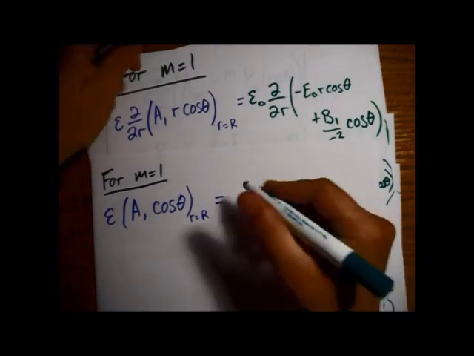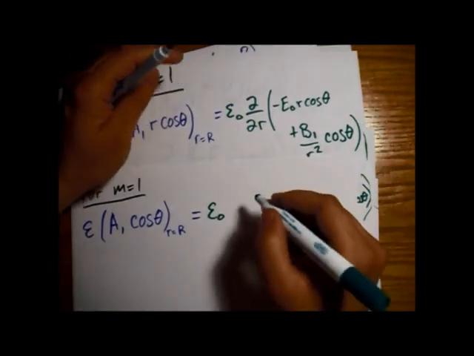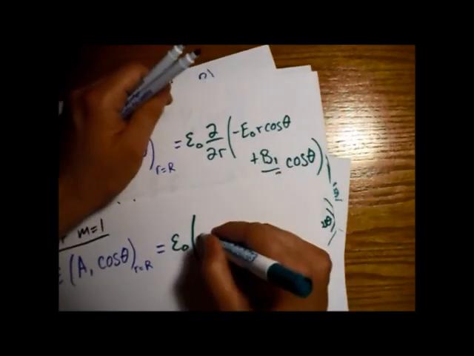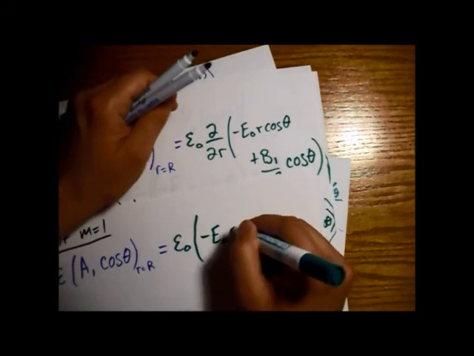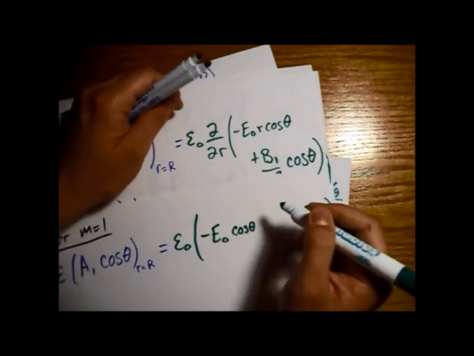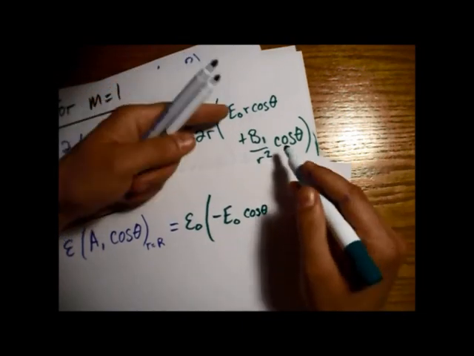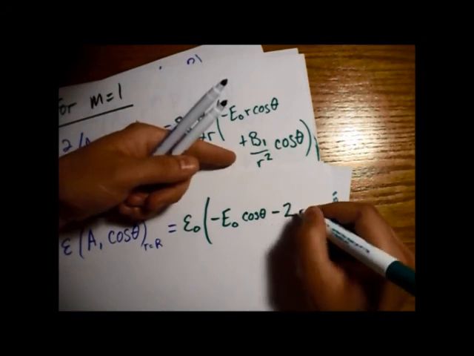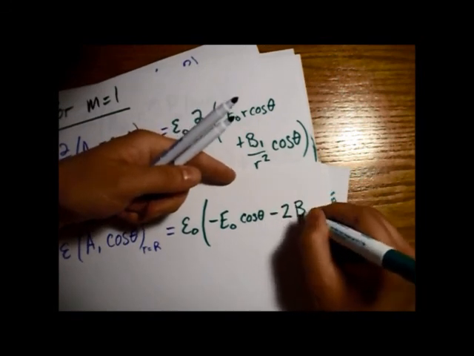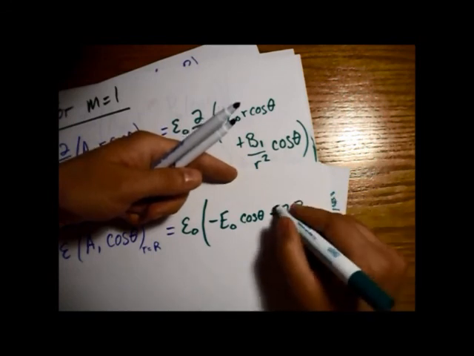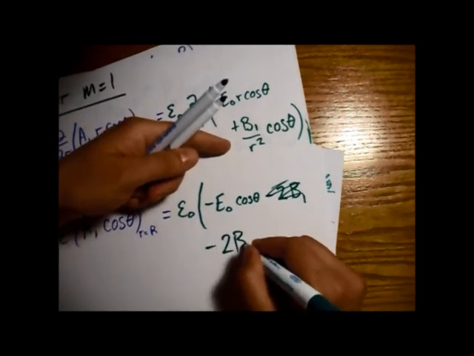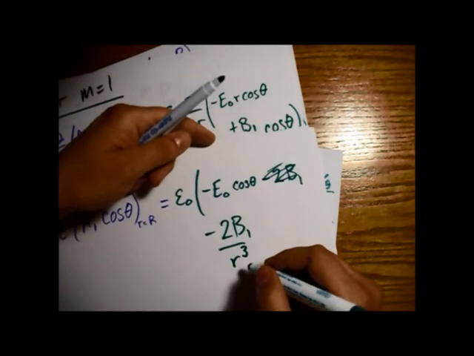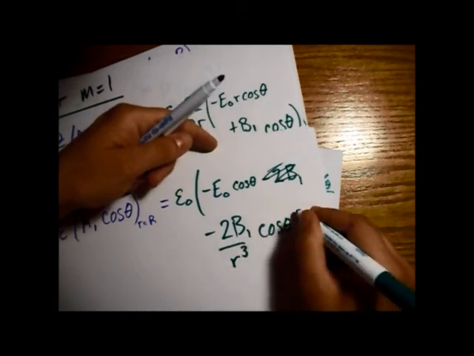All right, here we have an epsilon naught, when we take the derivative here, we are going to end up with a minus E naught cosine, yes, still got cosine in there, and a minus 2 B1, I'll write that down here, minus 2 B1, now it's an R to the third power on the bottom, cosine of theta.